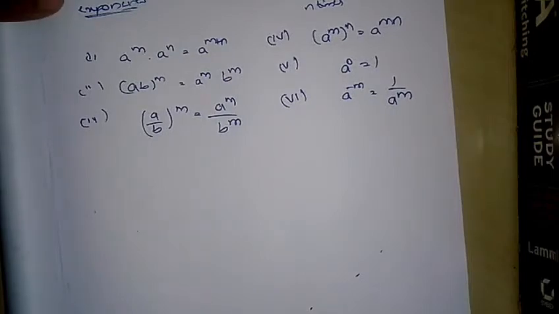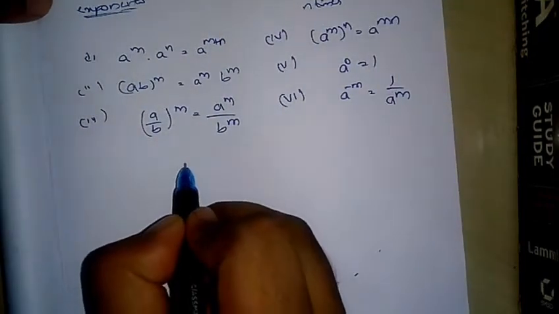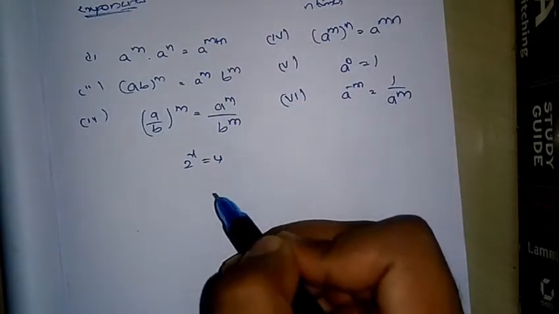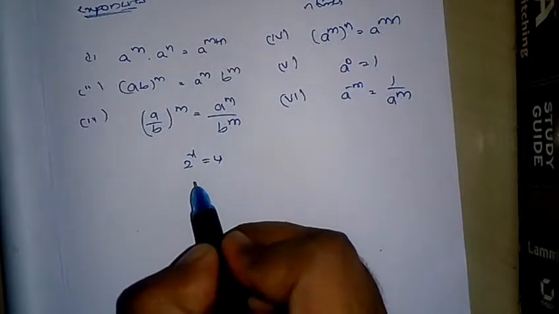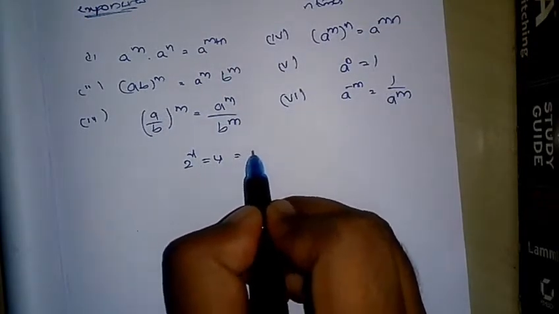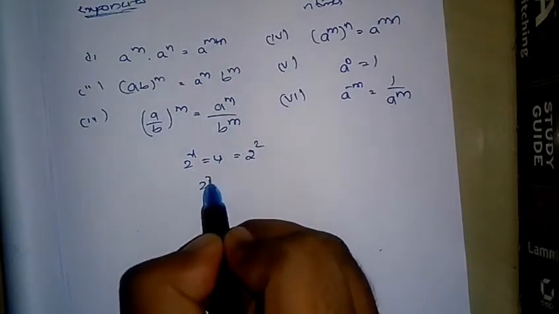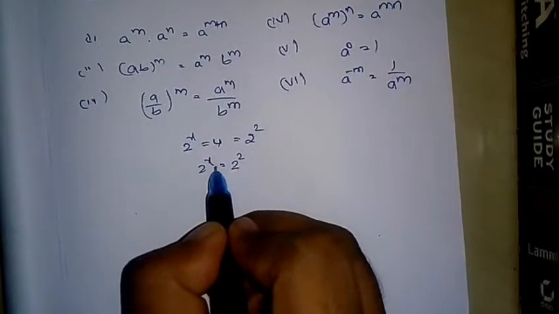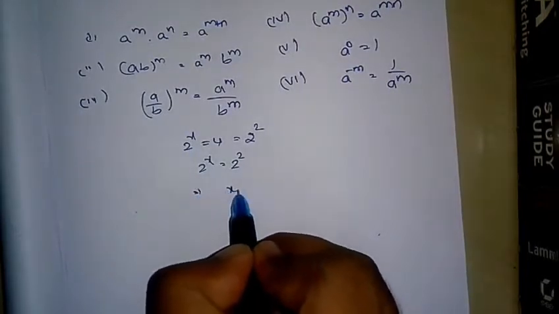Let's see a few examples. Suppose we are given 2 power x is equal to 4 and you are asked to find x, what will we do? 4 is the power of 2, so 4 can be written as 2 power 2. That means 2 power x is equal to 2 power 2. Since the bases are equal, powers should be equal. Implies x is equal to 2.